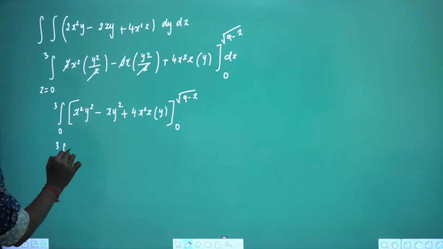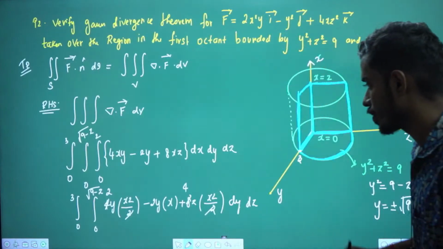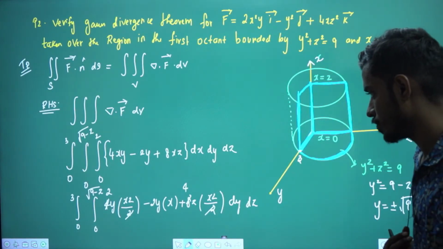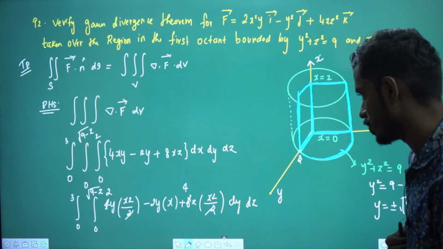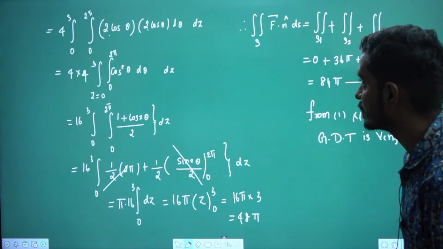This will be, I can take x square, 4x. Just a minute. I think I made some mistake. Okay, I think I forgot to put x limits, right?